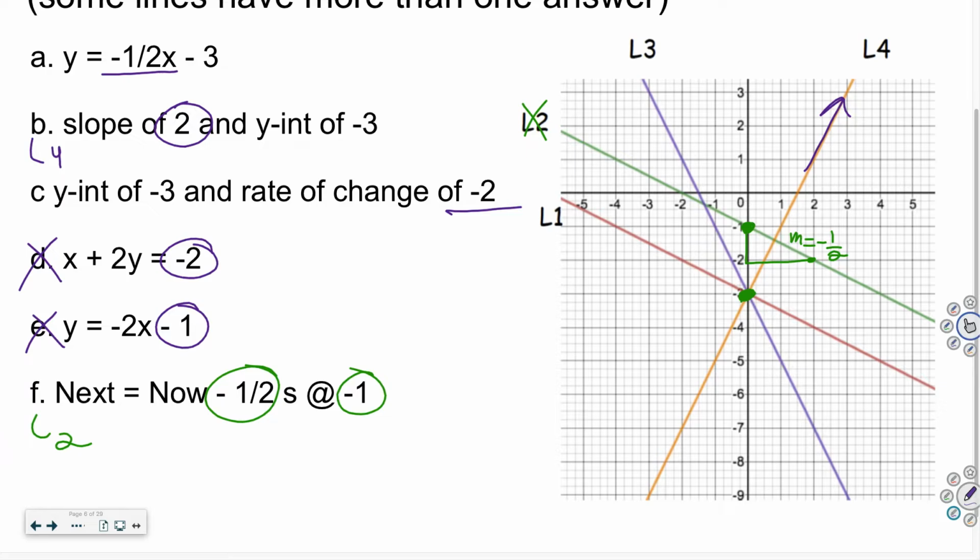L4 is accounted for. Now we're down to A and C, which will be either L1 or L3 based on their slope. Let's look at the red one, L1. It looks like it goes down 1 to the right 2.